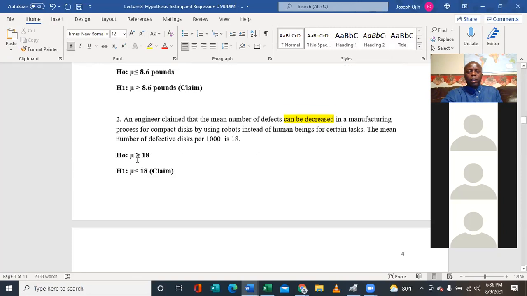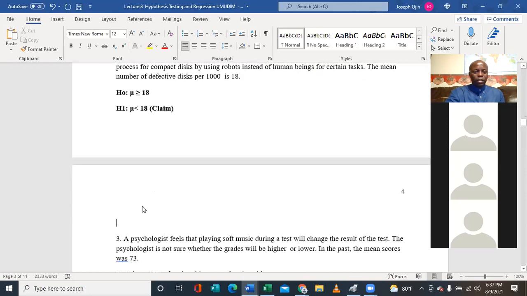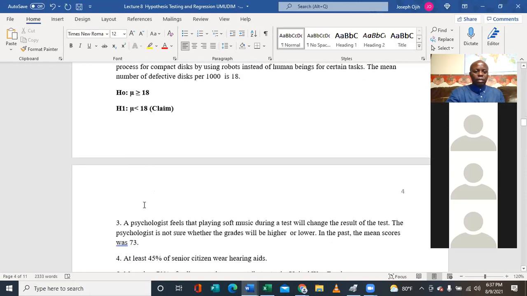Are you going to do an example where you use the equal sign?